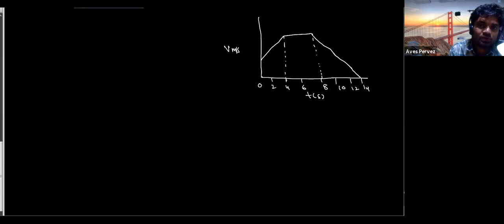The vertical axis is velocity in meter per second. This is 5 meter per second, this is 10, this is 15, this is 20 meter per second.